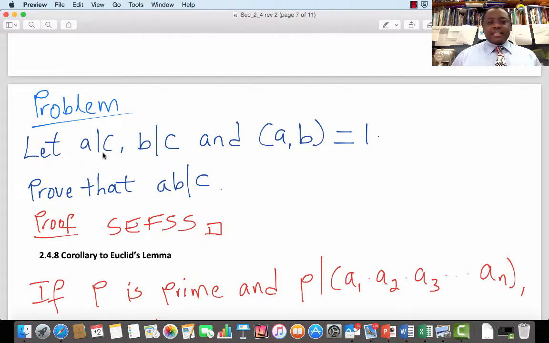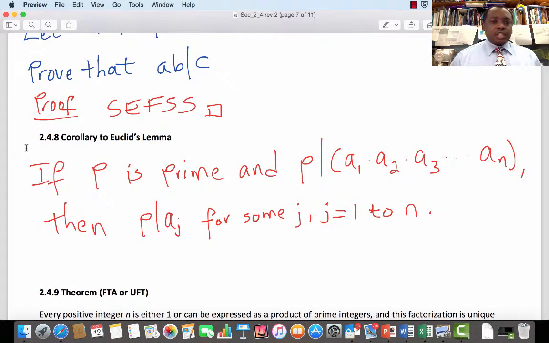Suppose a divides c and b divides c and a and b are relatively prime. Prove that a times b divides c. It's a very easy proof, so I'm going to leave that as a simple exercise for serious students.